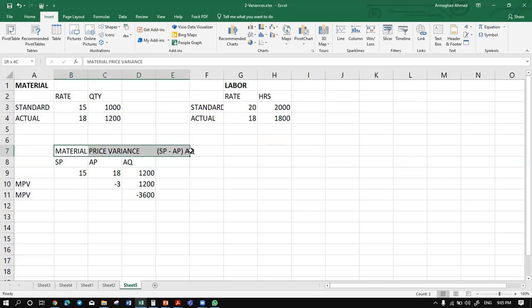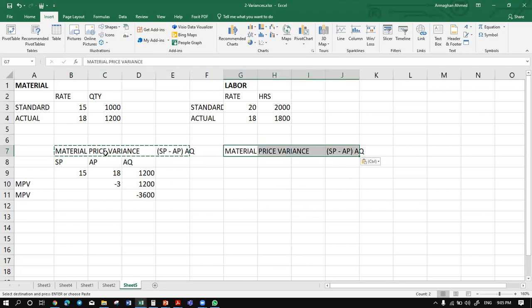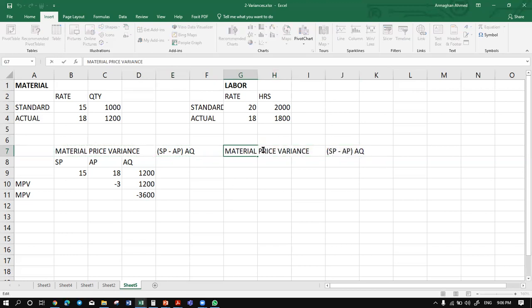Either you call it quantity or you call it hours, now I'll call it labor. The labor rate variance formula: standard price, or I can write rate, minus actual rate into actual hours.